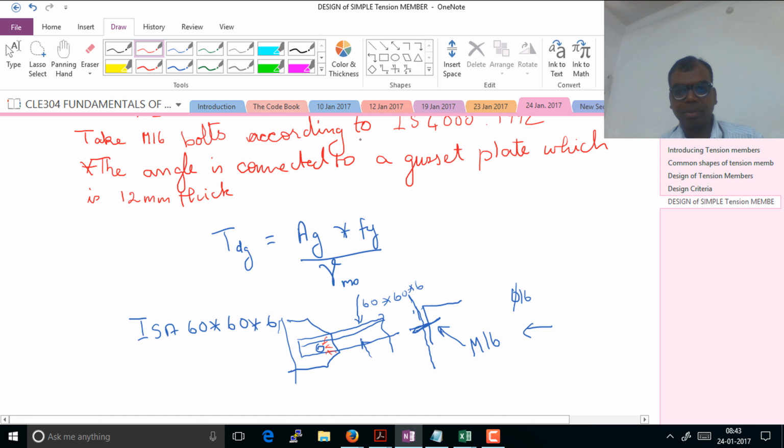We will go into that shear lag a little later. But for now, let us just say that this is the only place which is under tension.